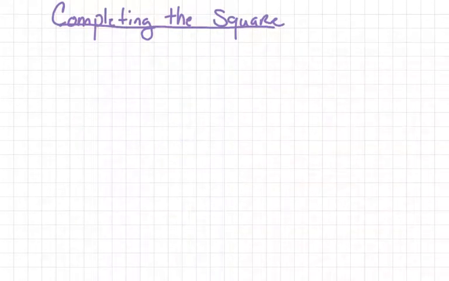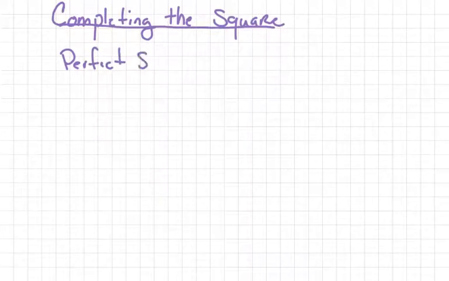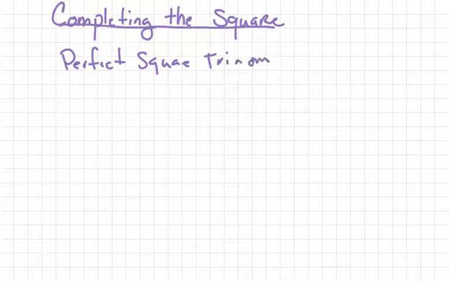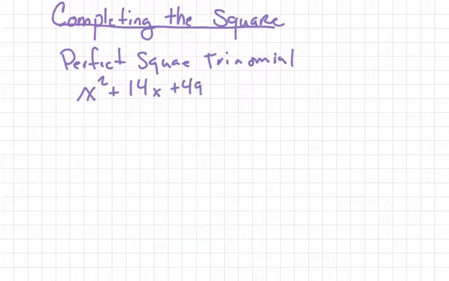Completing the square uses perfect square trinomials. If you remember what a perfect square trinomial is, it's something like this: x squared plus 14x plus 49. Okay, this can be factored into x plus 7 squared.